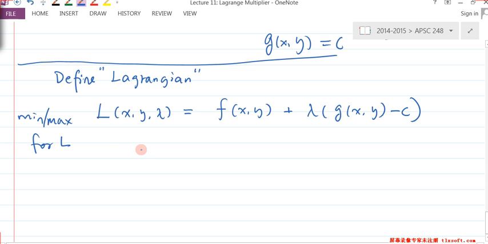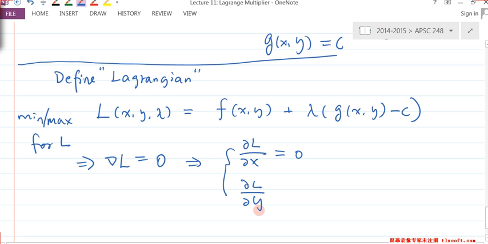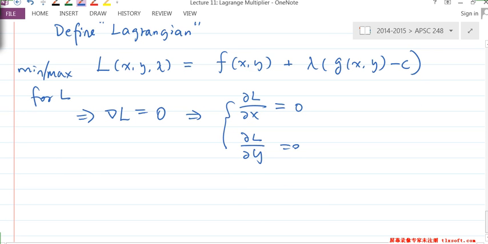Set to zero del L. You've got to get used to del L here. So this is basically what you do here. Now del L equal to 0 meaning, what are we looking for? Partial L over partial x equal to 0, partial L over partial y equal to 0, and then partial L over partial lambda equal to 0.